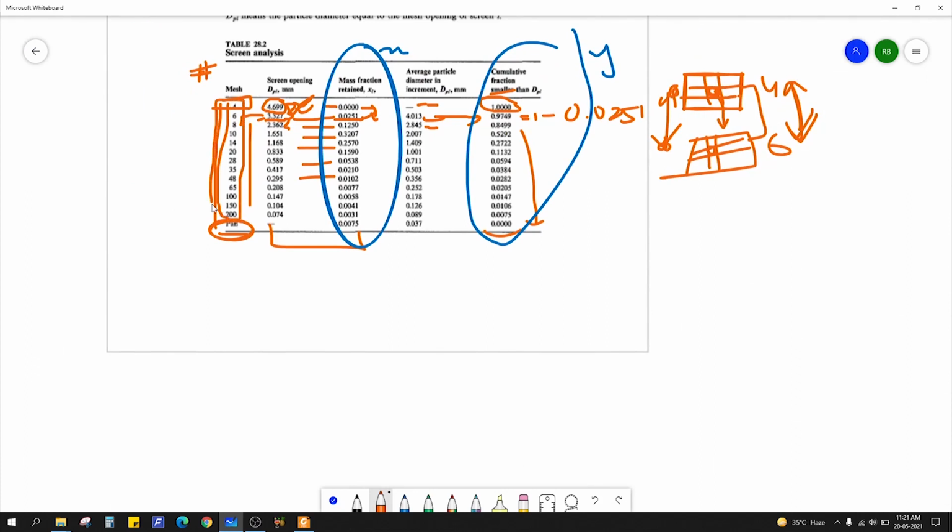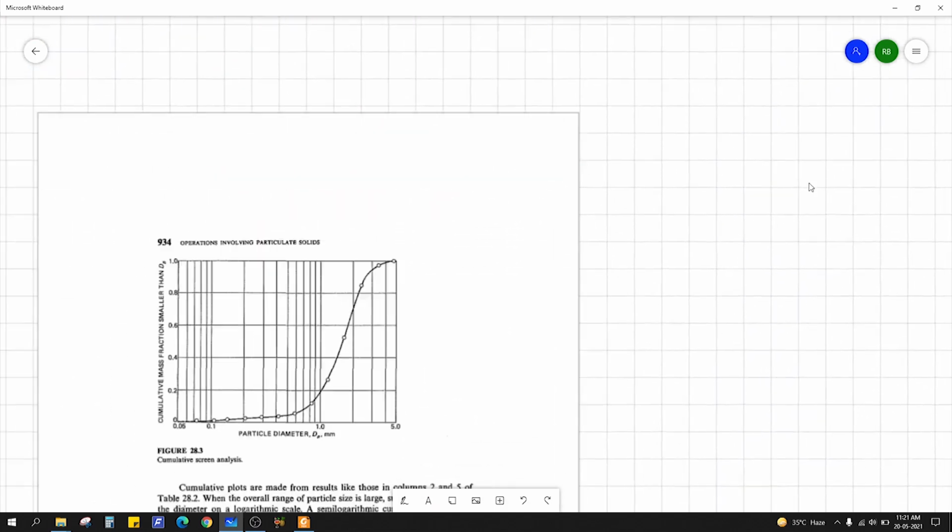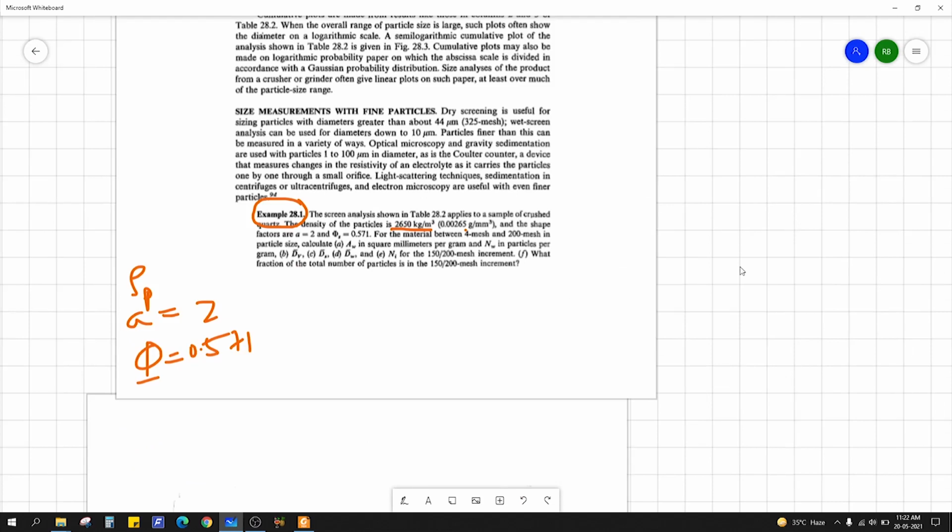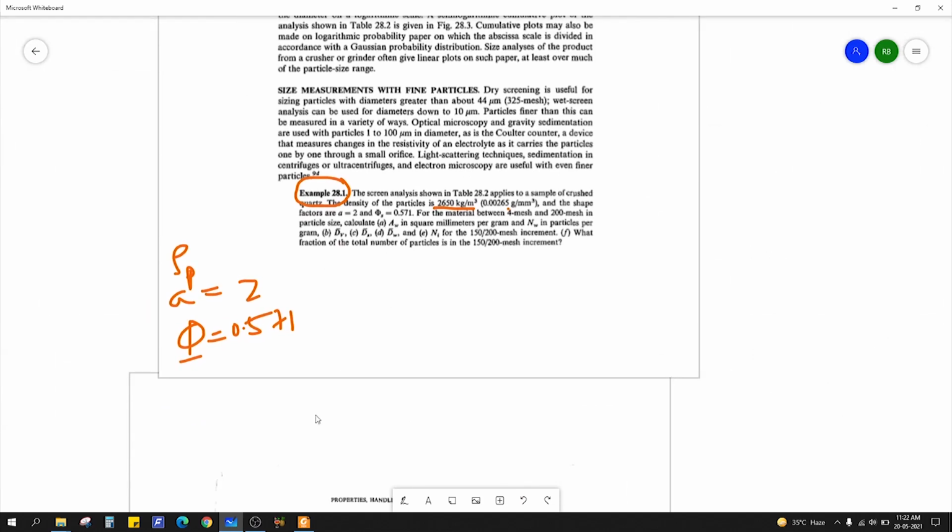First thing, you have to calculate Aw. Aw is the specific surface area, right? Total surface area divided by the total mass.